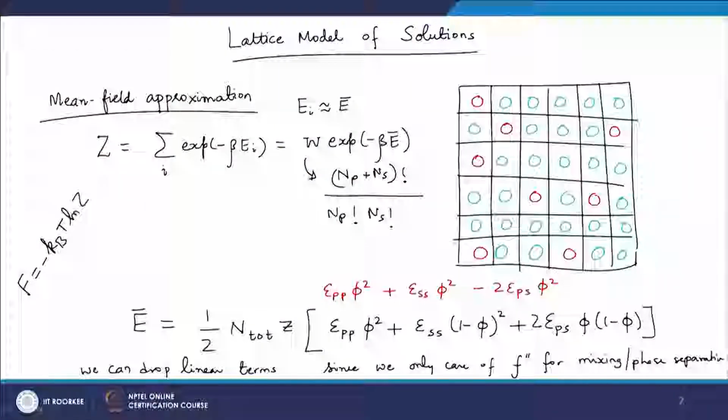Again, if you have any confusion, you can try retaining the linear terms and continue the derivation, and then see how it affects the end results with regard to the mixing and phase separation behavior that we are going to discuss. What you will find is that dropping the linear term has no consequence in the final results that we are after.